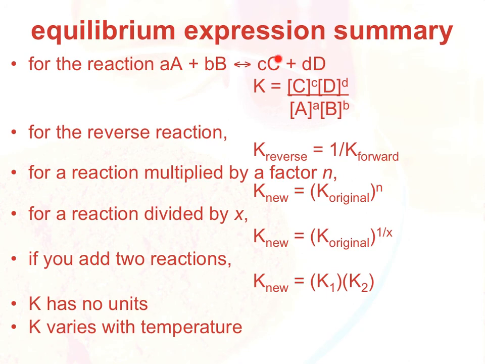So we know how to write our equilibrium expressions. We know that we're solving for our equilibrium constant. And basically, these are the equations that allow us to easily interchange between equations.